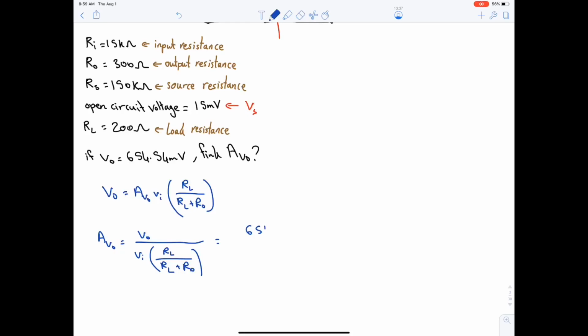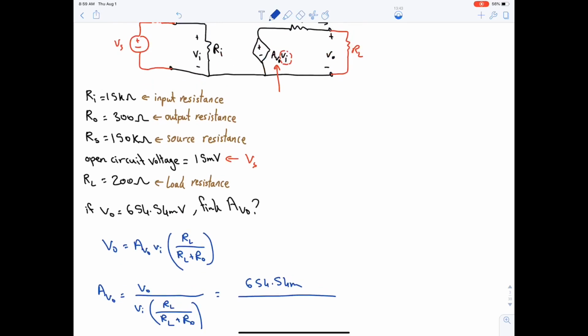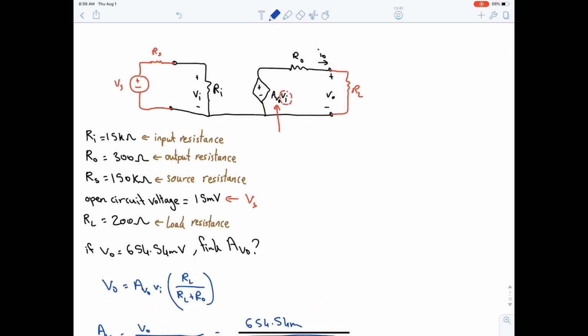VO is 654.54 milli. VI is unknown because you have only VS, so we need to find VI from VS. So VI is VS multiplied by RI over RI plus RS, which is again voltage division. What's VS? VS is 15 millivolt.